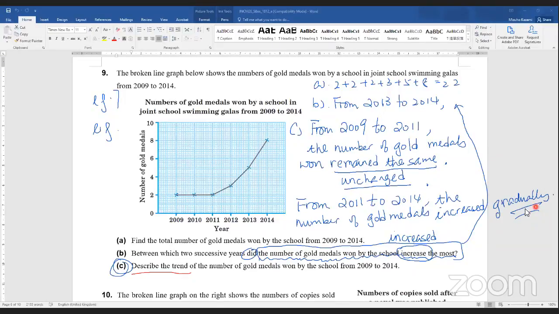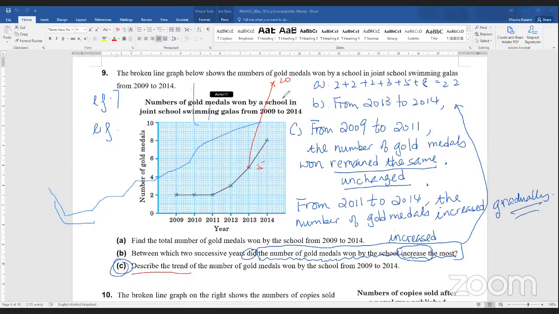Gradually, okay? You can find this word on page 27, okay? If it suddenly increases like that, for example, if it increases from 5 to 20 instead of 5 to 8, okay, this is 5, right?